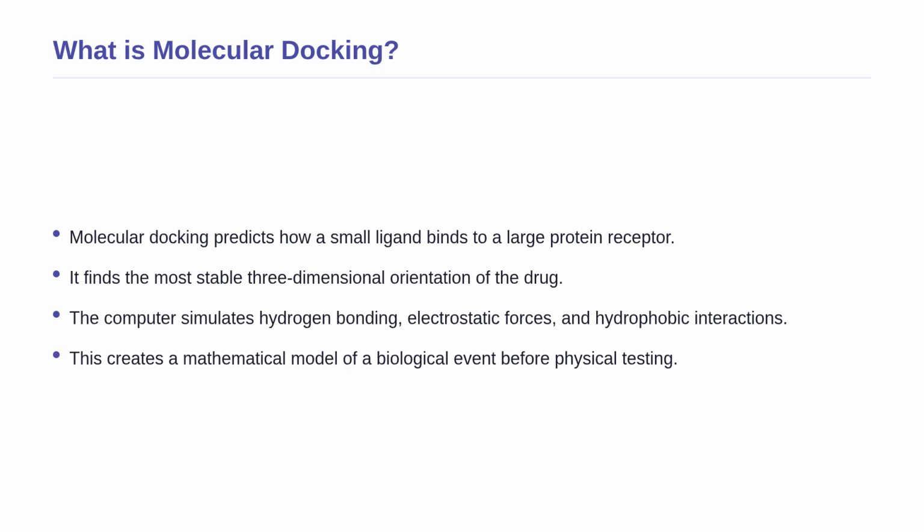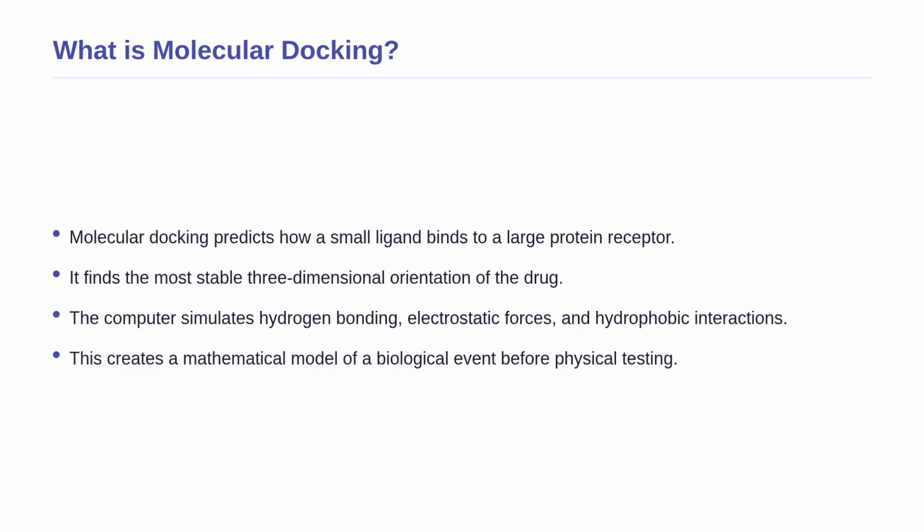Now that we understand the lock and key analogy, let us look at how computers actually solve this puzzle. This brings us to molecular docking. Molecular docking is a computational method used to predict exactly how a small molecule binds to a larger protein receptor.